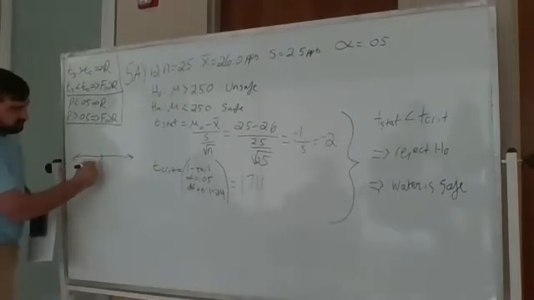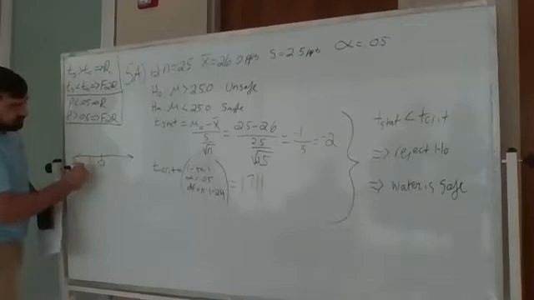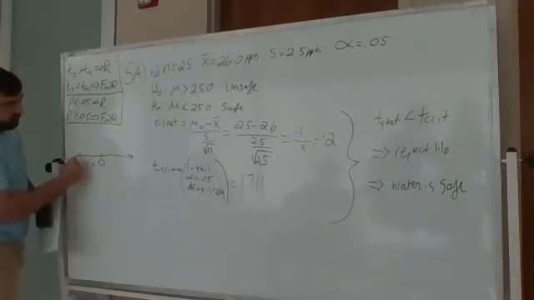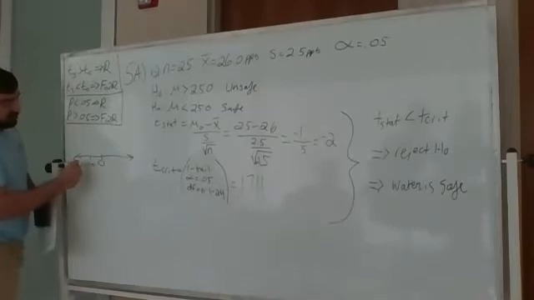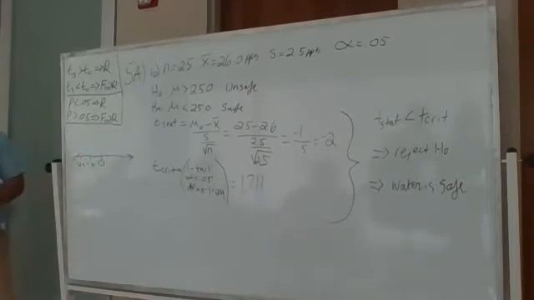Let's say this is 0, and this is our T critical of -1.711, and this is our negative T stat, it's less than that. Does that kind of make sense?